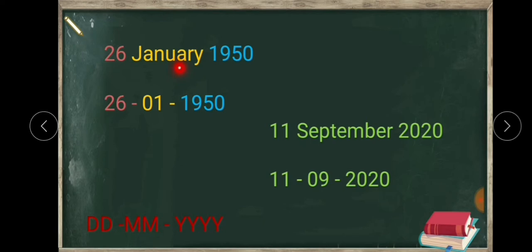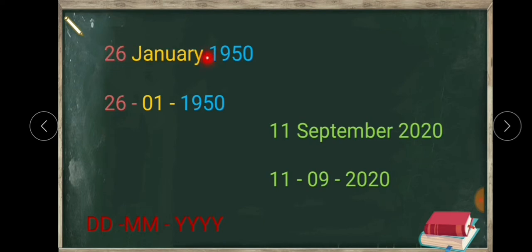Here a date is given: 26 January 1915. How do we write this date in DDMMYYYY format? See here, children, the date is 26. That means this is DD, date.